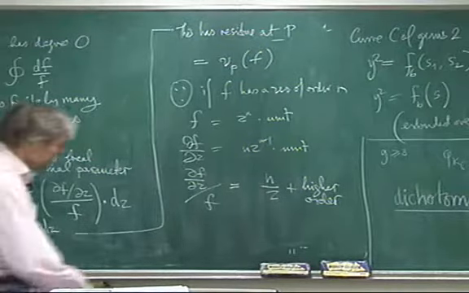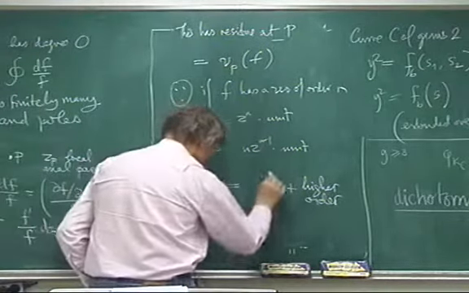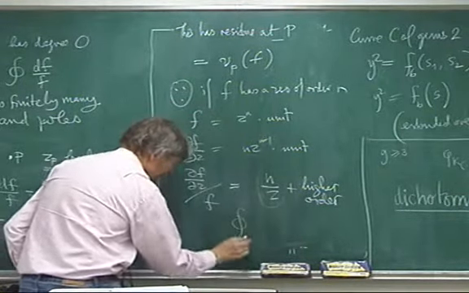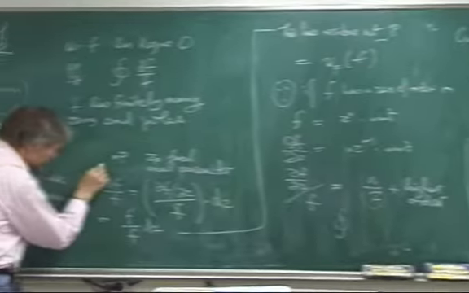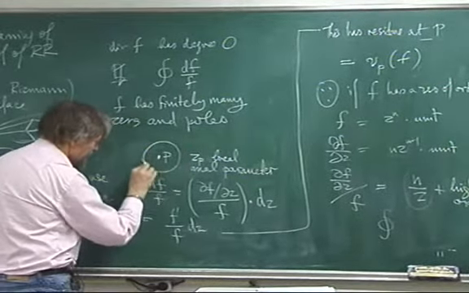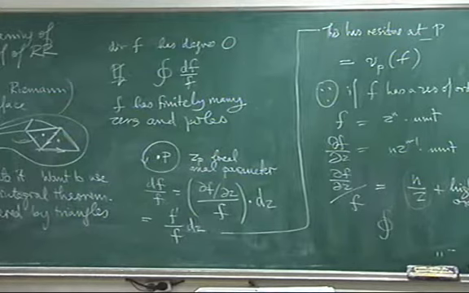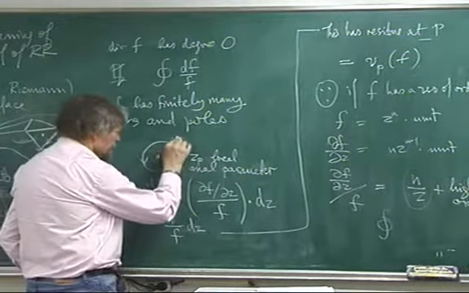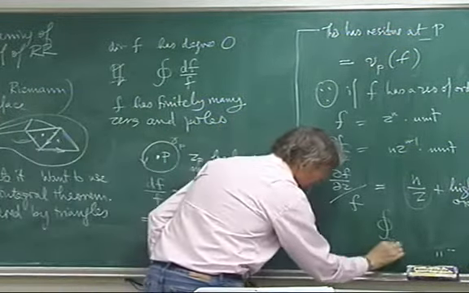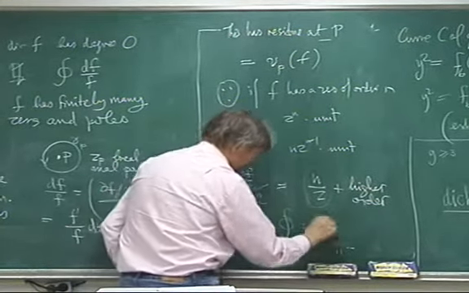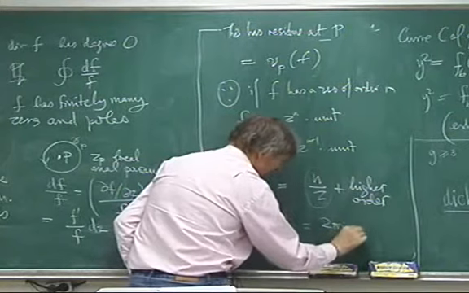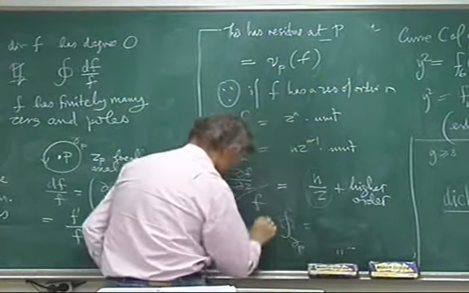Yes, and when I integrate this around a little path that just goes around the point P, if I call this gamma_P, this is 2 pi i times n. Let me take 1 over 2 pi i here.